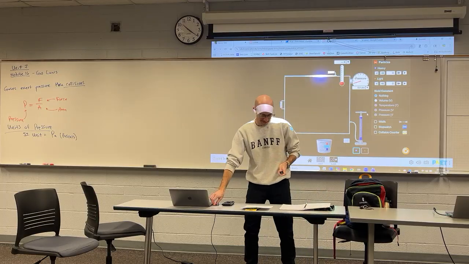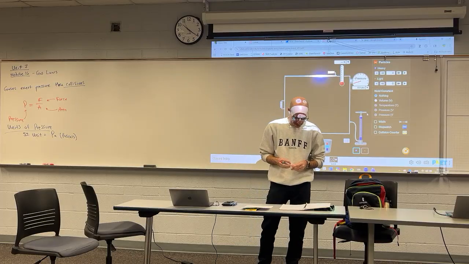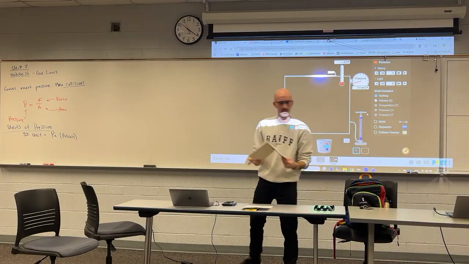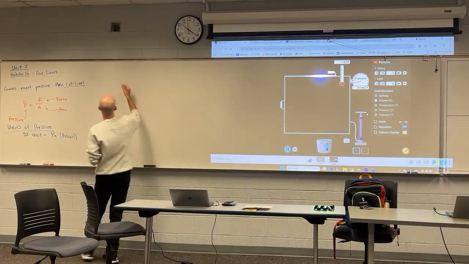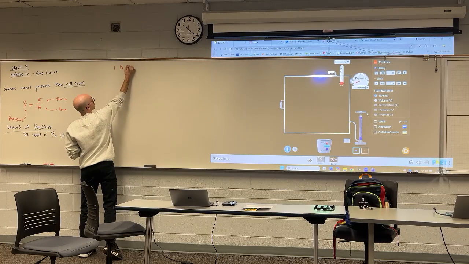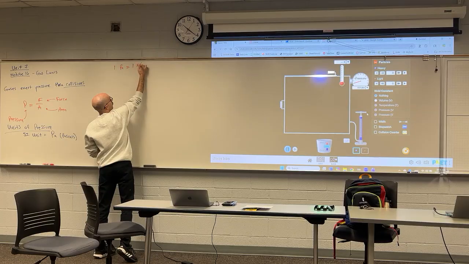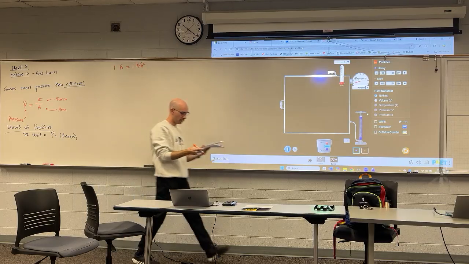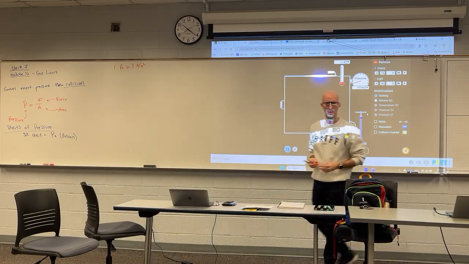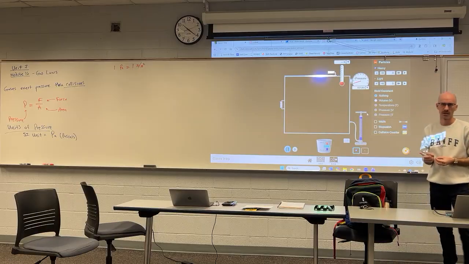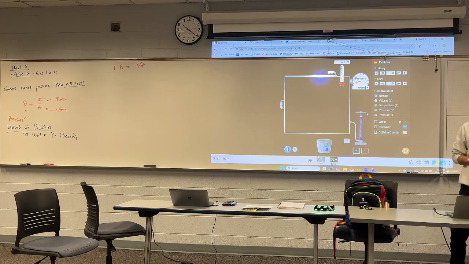And a pascal is not just its own arbitrary unit. It's actually several units in trench coats. 1 pascal is equal to 1 Newton per meter squared. Can you tell me what type of measurement meters squared would be?